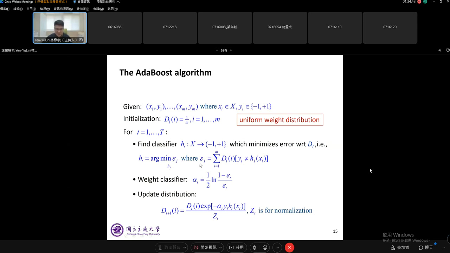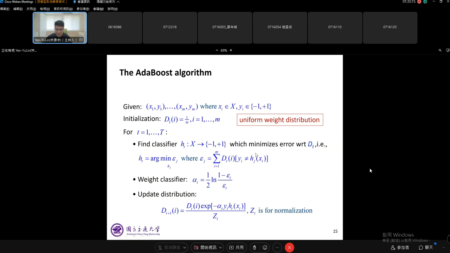So let's look at the definition of weighted error epsilon j. It is given here. As you can see, this is a sum operator, summing over all the training data points because there are m data points.